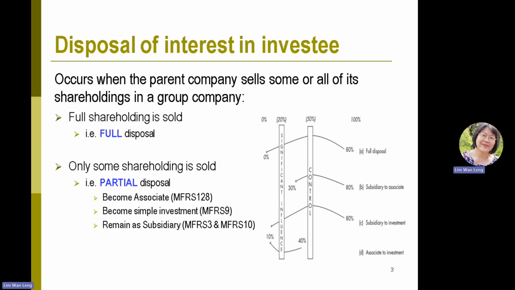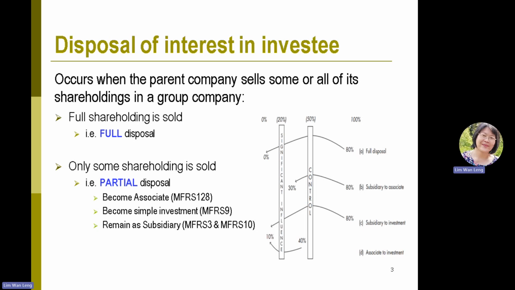So you do the same, but there will be a certain time frame that you need to do the consolidation, because let's say the disposal is partway through the year. For the first few months that your status is a subsidiary, you need to do consolidation. Then the status at year end will be the status that you reflect when you prepare your consol SOFP, which means you will have one item called investment in the associate.